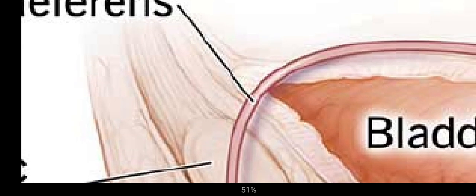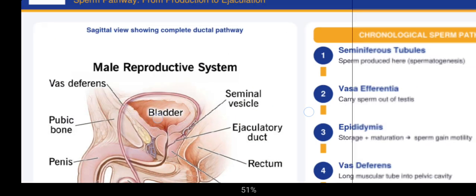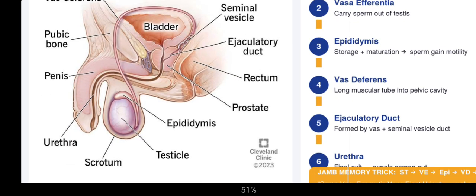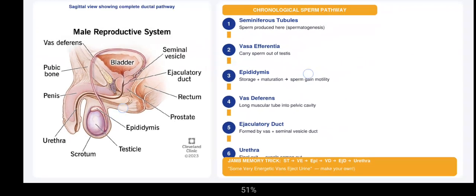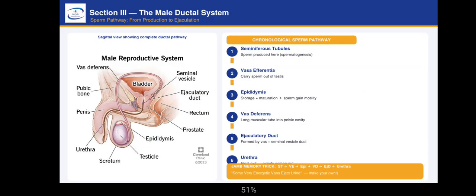Okay, so this tube, if you check, it actually connects from the testis below, and then goes upward into the pelvic cavity and then comes back again to connect with the ejaculatory duct. All right, so that is the vas deferens. Okay, so the vas deferens, and then after that the ejaculatory duct.